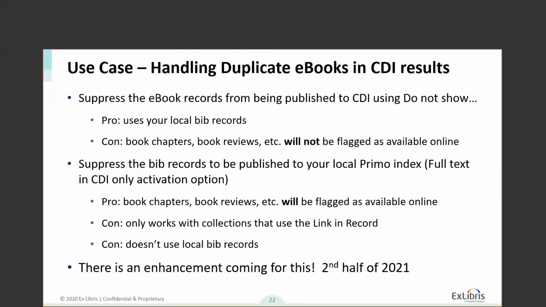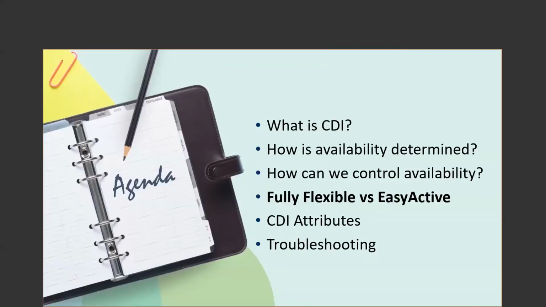So second half of 2021, that's really all I know about it. You can find it in the roadmap. It's part of the roadmap. And I'm sure we'll hear more about it in upcoming months. So if you don't want to deal with it now, deal with it later. You can take a look at that enhancement when it comes through.